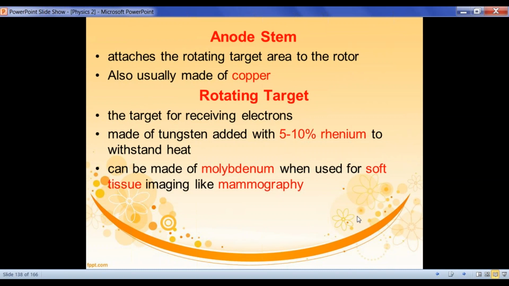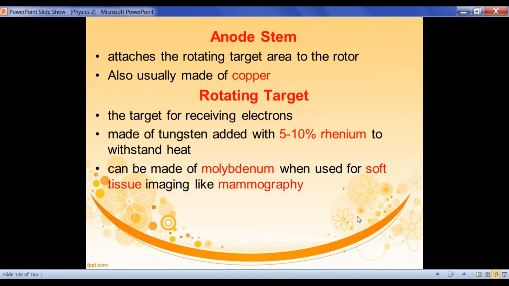Kaya nga po sa ating general radiography, yung ginagamit po natin is high kVp, meaning high energy. In mammography, yung ginagamit po natin is low energy or low kVp. Dahil low kVp, kapag tungsten ginamit natin, mauubos siyang ma-absorb ng tungsten. Kaya hindi po tayo makakapag-soft tissue radiography.